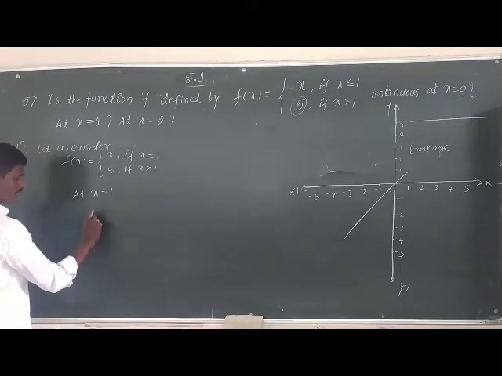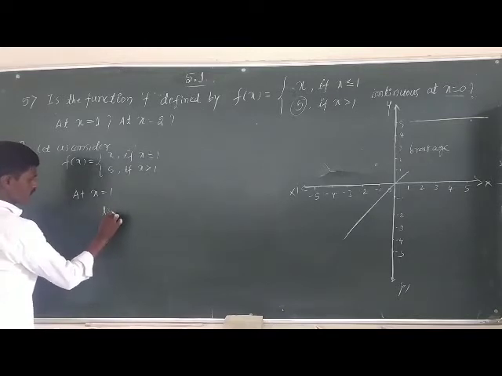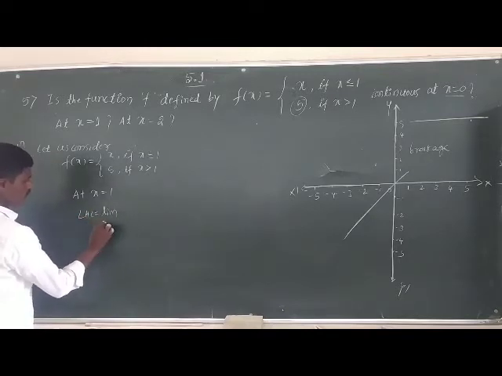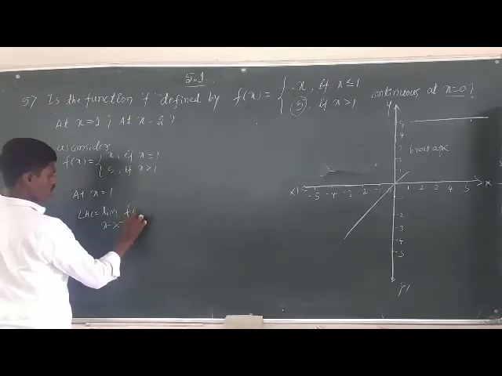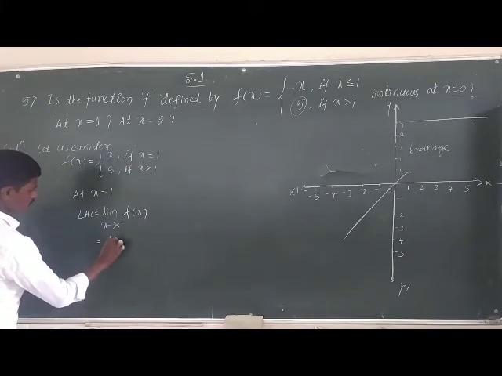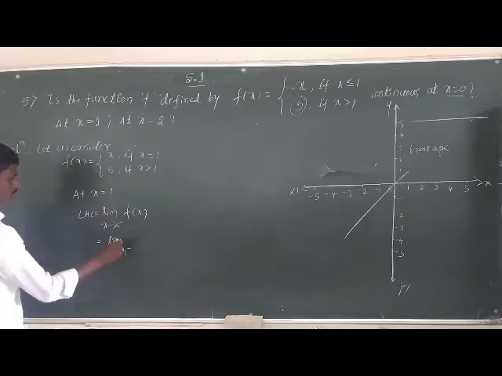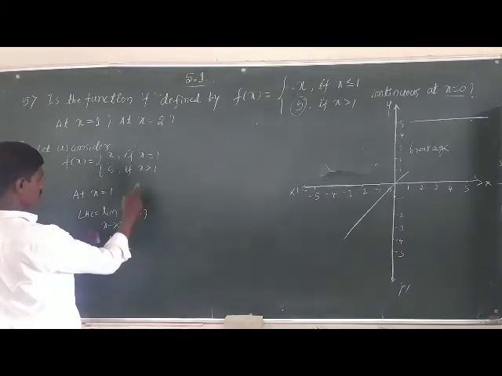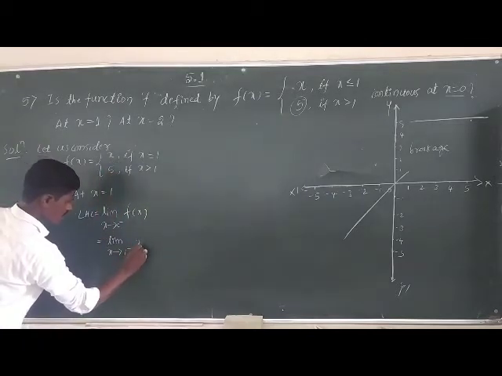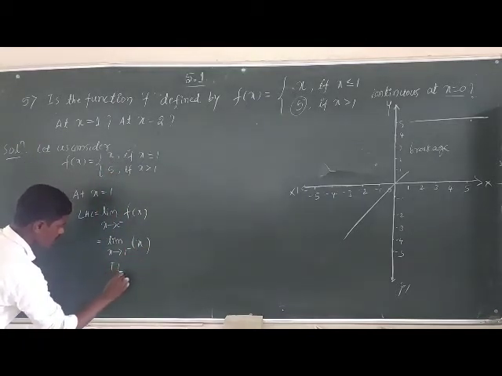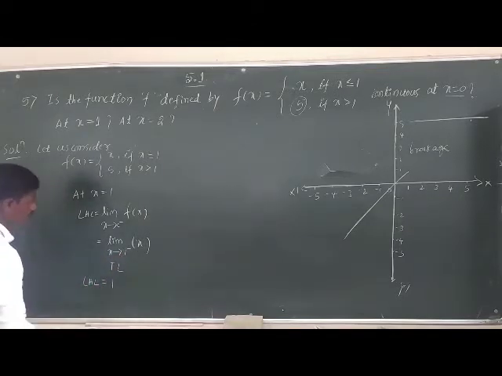We know the identity already, so I will apply the formula directly. The left hand limit, LHL, is the limit as x tends to c minus of f of x, that is, the limit as x tends to 1 minus, because the limit is 1 here. On that occasion the function is x. Taking the limit, put x equals 1. This is 1. LHL equals 1.